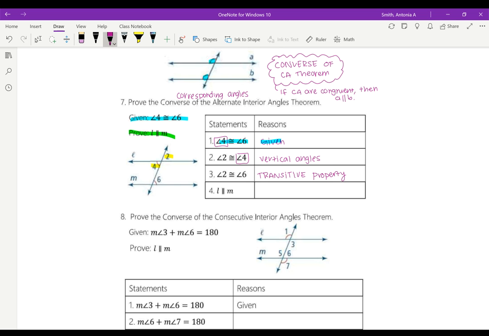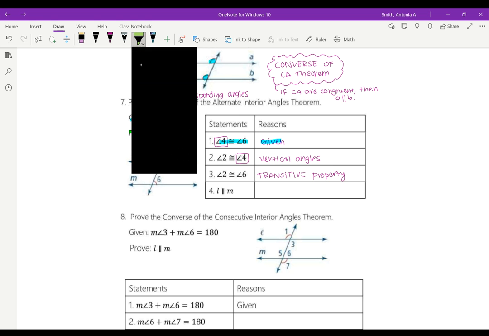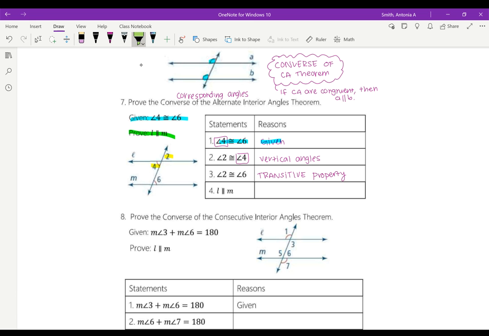So now we're jumping from the fact that angles 2 and 6 are congruent to those two lines being parallel. So let's look at our picture, because that doesn't give me a whole lot to work with, right? I'm going to use a different color. So what do I know about angles 2 and 6? What kind of angles are they? They're corresponding angles, right?